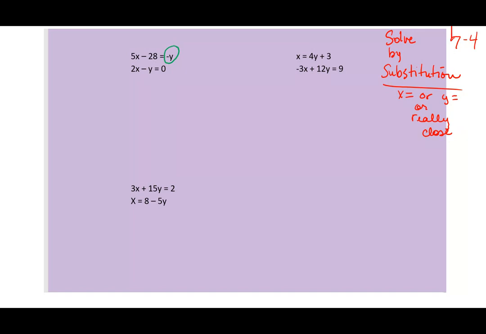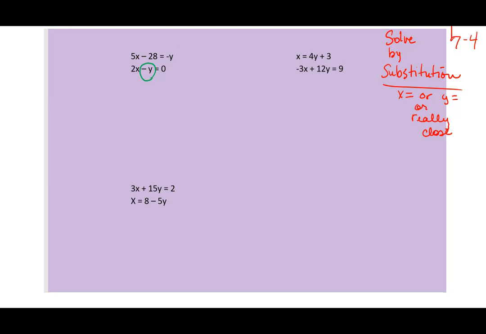It's got a negative y instead. So we're going to change it so that one of these says y equals. It does not matter which one you make say y equals.